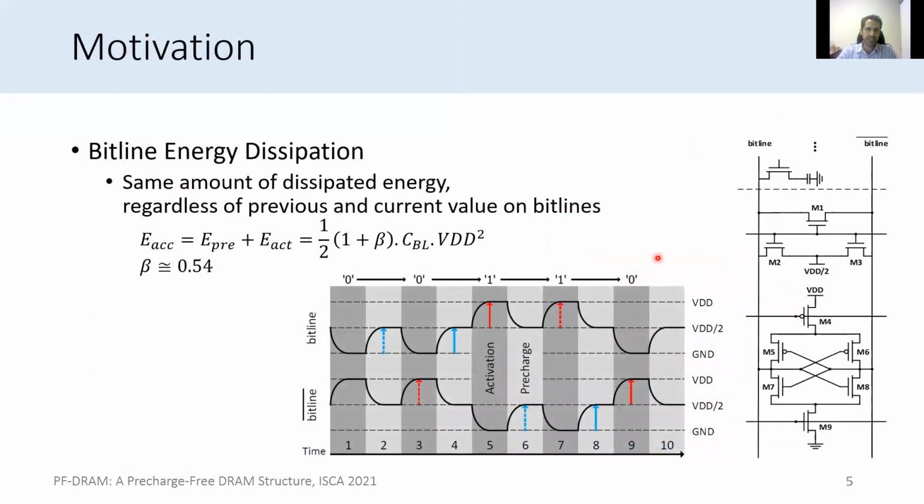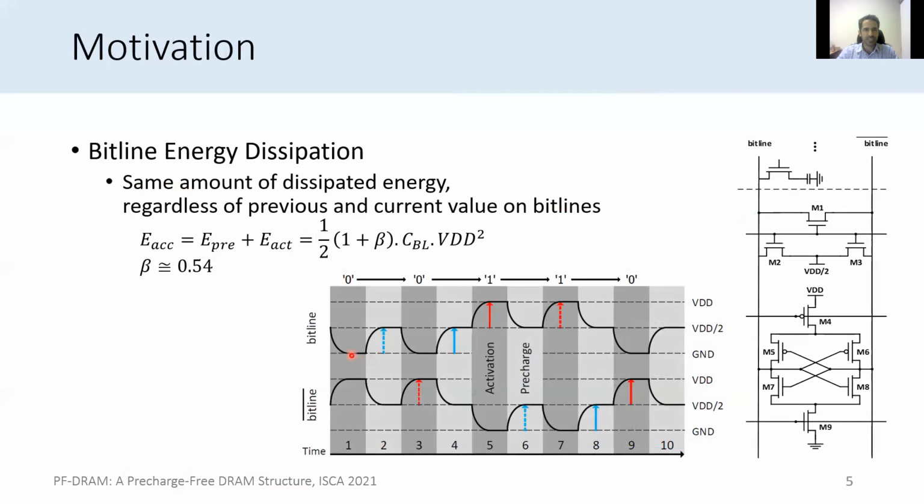Here let's take a deeper look at voltage swings on the bit line pairs during different successive access values. You can see all of the possible consecutive values on a bit line pair in this figure: 0 after 0, 1 after 0, 1 after 1, and 0 after 1.